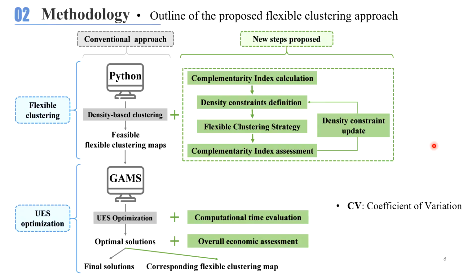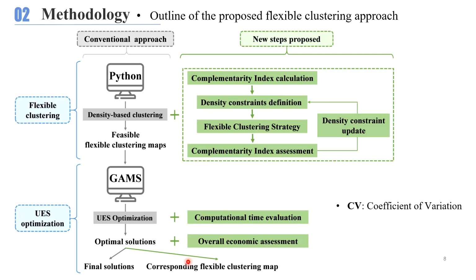When all feasible clustering maps are picked up, the UES optimization problem is solved under the control of the computational time evaluation, which is the third assessment index. If the solving time of any new cluster is much longer than that of the corresponding basic cluster optimization problem, for example 1.5 times, the optimization process will be stopped and connected to the next feasible clustering map.